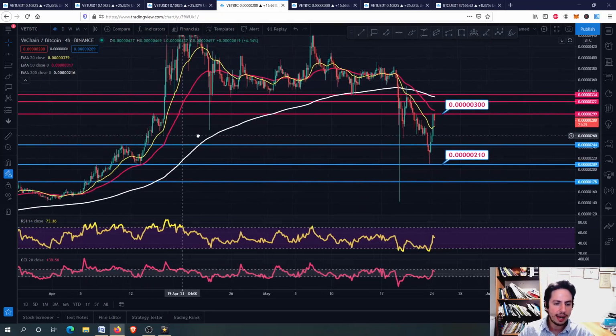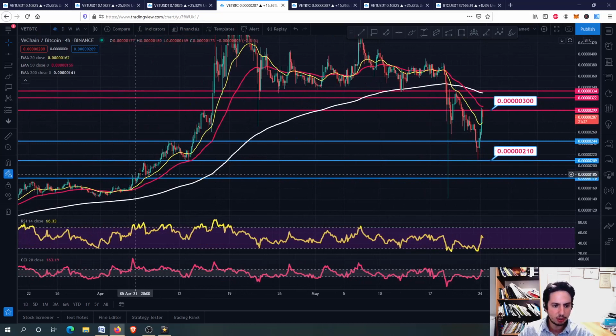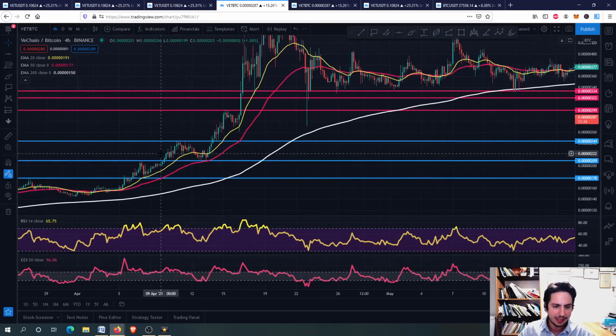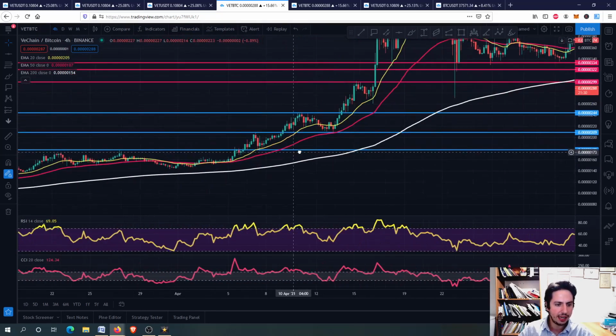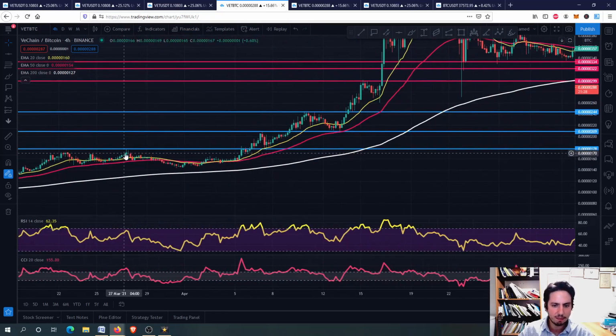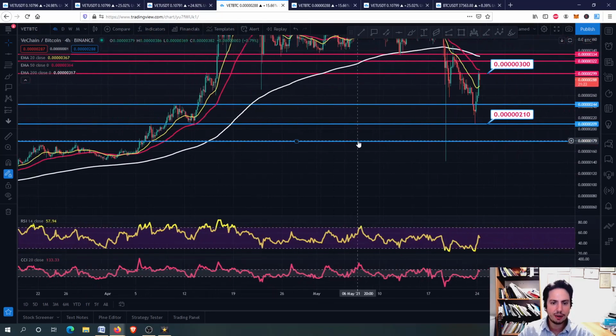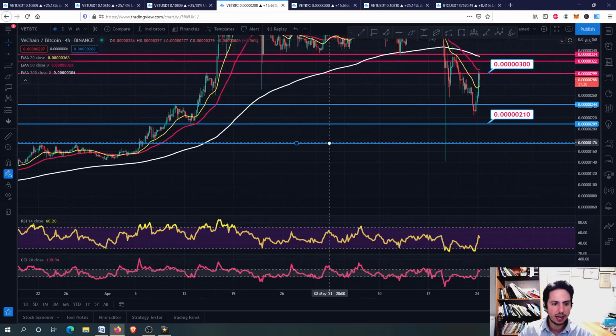For example, right here guys, why I've drawn these support levels is because basically before, in the previous days, 10 April, 7 April and of course the 27th March were important resistance levels back then. So yeah, these are very major support levels when the price goes above these resistance lines.